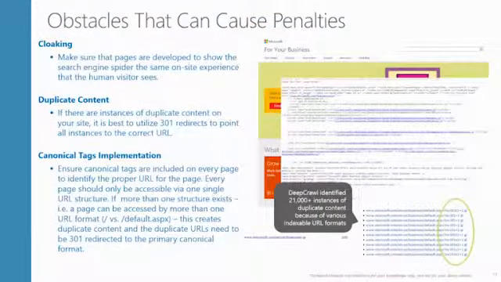Some other things can cause penalties and lower you in the search engine result page, such as a lot of duplicate content. It can even be around the types of tags that you set up. A canonical tag indicates which page is most relevant.